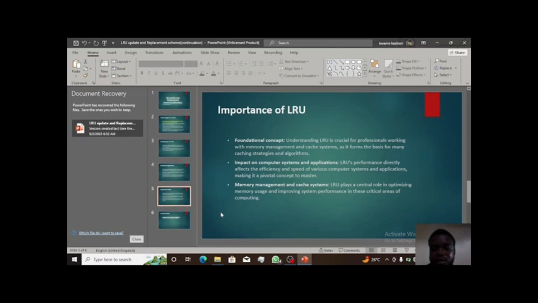Impact on computer systems and applications: LRU performance directly affects the efficiency and speed of various computer systems and applications, making it a pivotal concept to master. Memory management and caching systems: LRU plays a central role in optimizing memory usage and improving system performance in critical areas of computing.